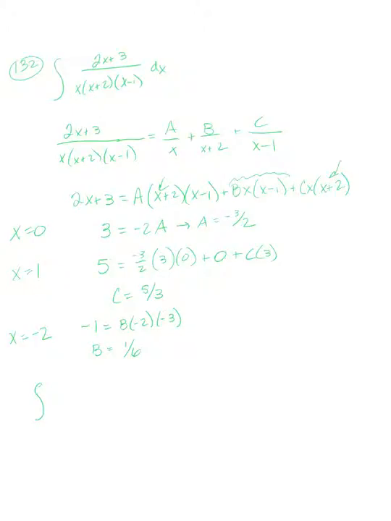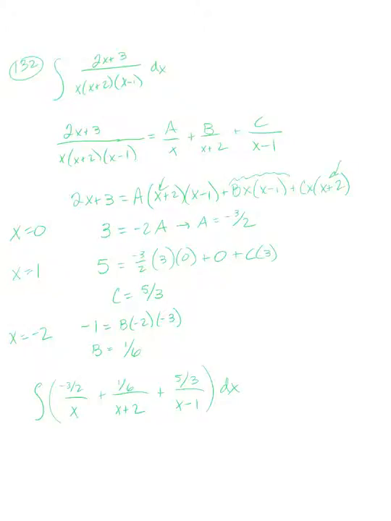So my integral becomes A over x, and A is -3/2 over x, plus B over (x + 2), so (1/6) over (x + 2), plus C, and C is 5/3 over (x - 1), dx.